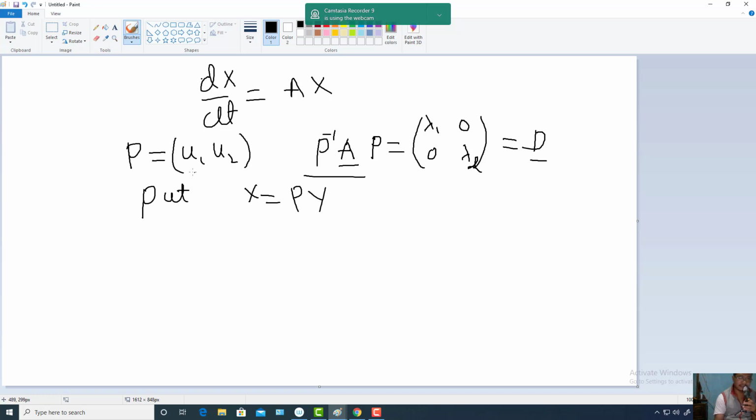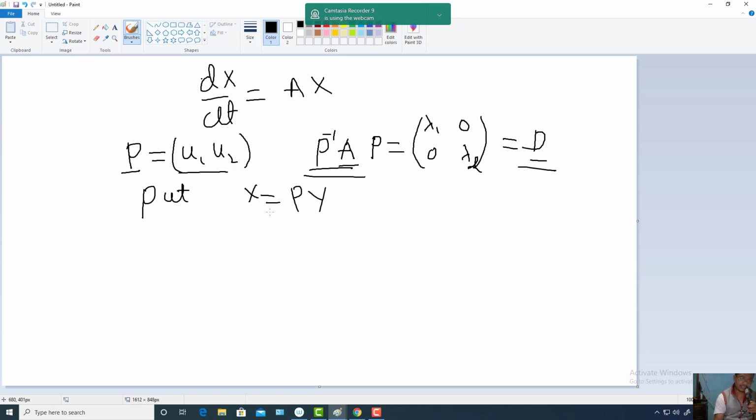And P is given by this square matrix, where u1 is an eigenvector and u2 is another eigenvector; they are linearly independent. Then you define the diagonal matrix D like this. Using this matrix, let us transform x into Py, so Py is equal to x.